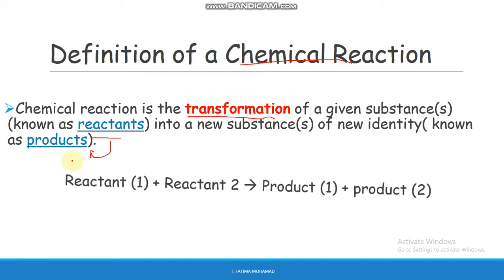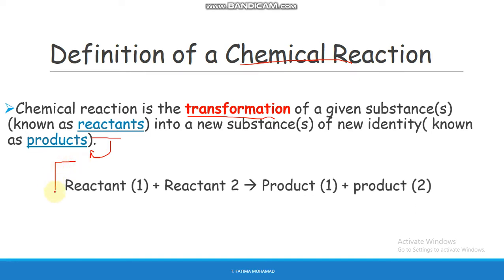So this is an equation of a chemical reaction. As you can see here, we have reactant 1 plus reactant 2 transformed into product 1 and product 2. The reactants should be written before the arrow, and after the arrow we're going to write the products.